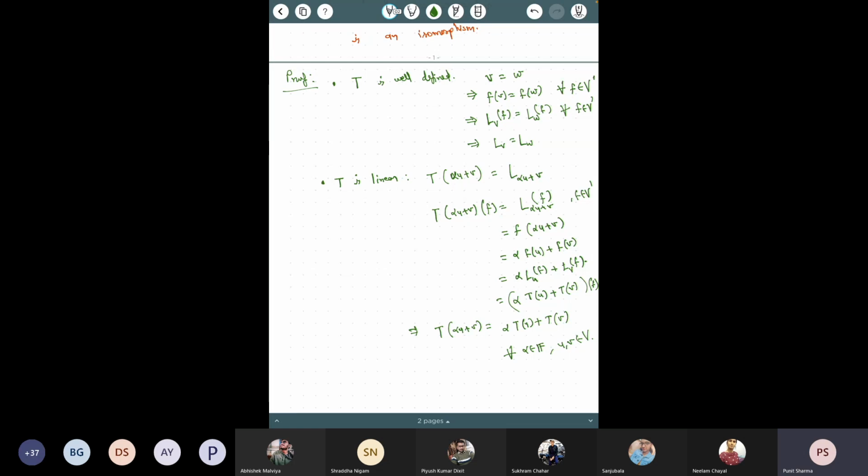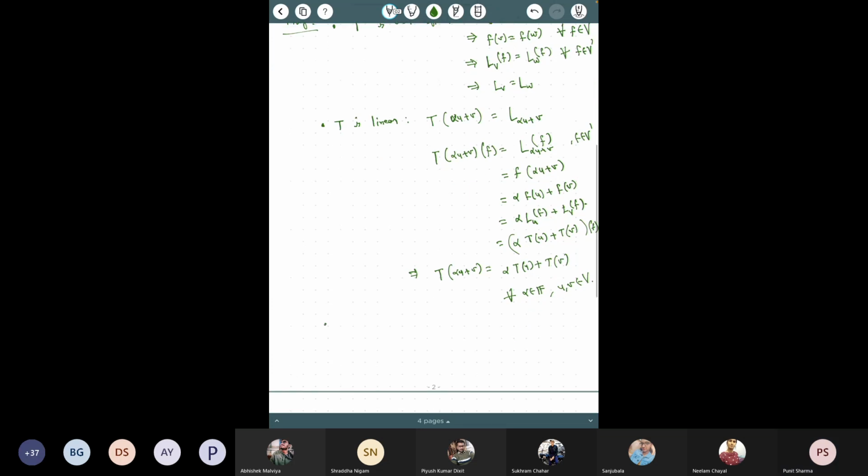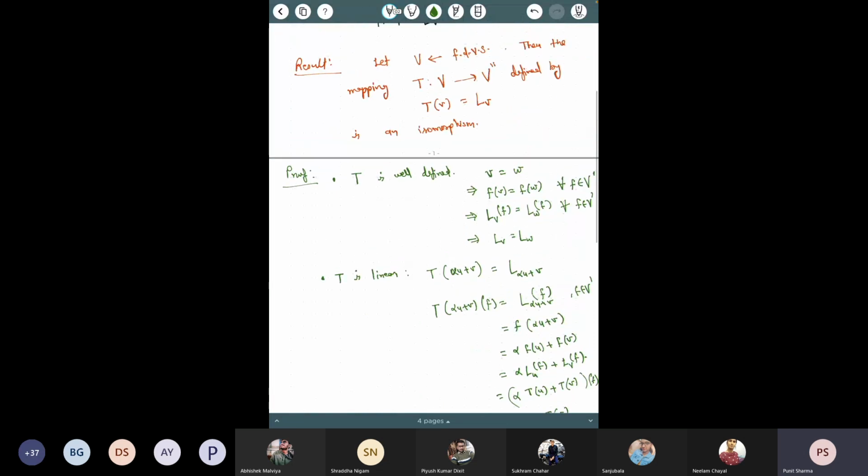Now check that T is 1-1. If you show that T is 1-1, then clearly it would be an isomorphism. Why would it be an isomorphism? Because the dimension of v equals the dimension of v double dash.